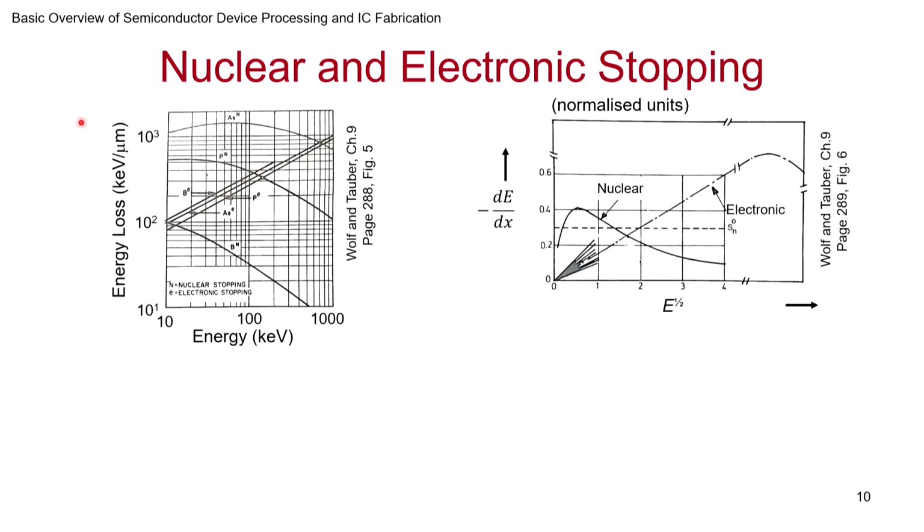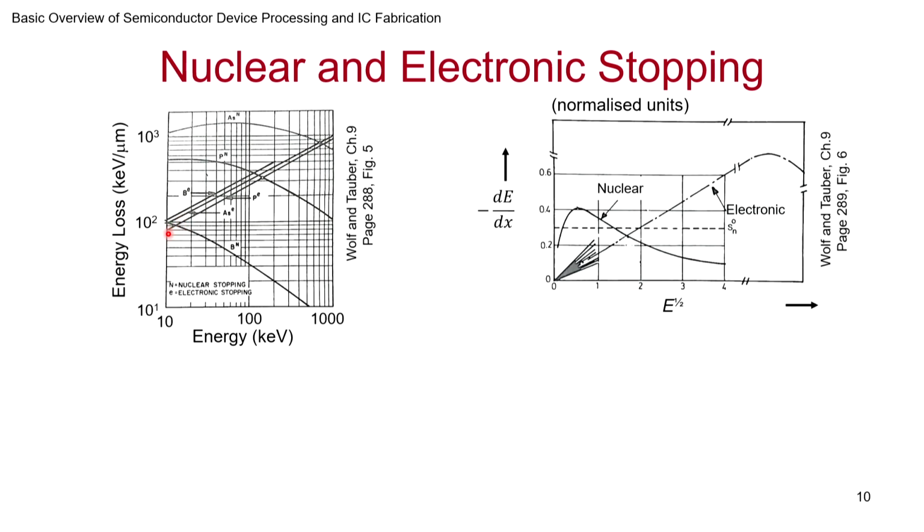You also notice another thing, that for the lighter atoms, the nuclear stopping is less. Boron is a lighter atom. What we are showing is boron, phosphorus and arsenic taken as an example here, and you can see boron nuclear stopping loss of energy is less. Electronic stopping on the other hand is similar for all.